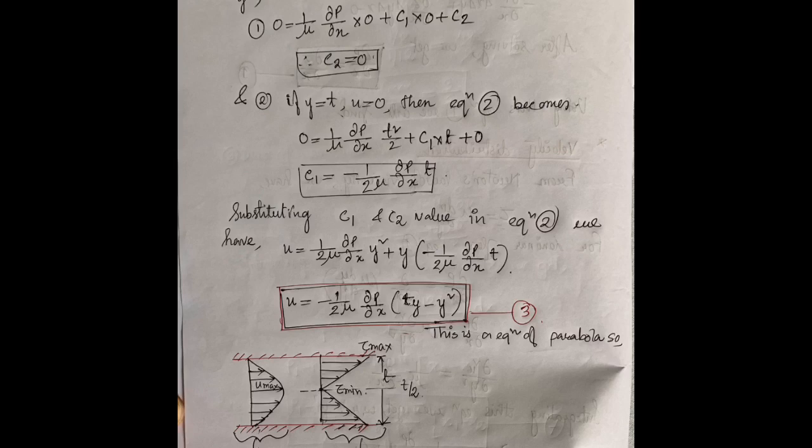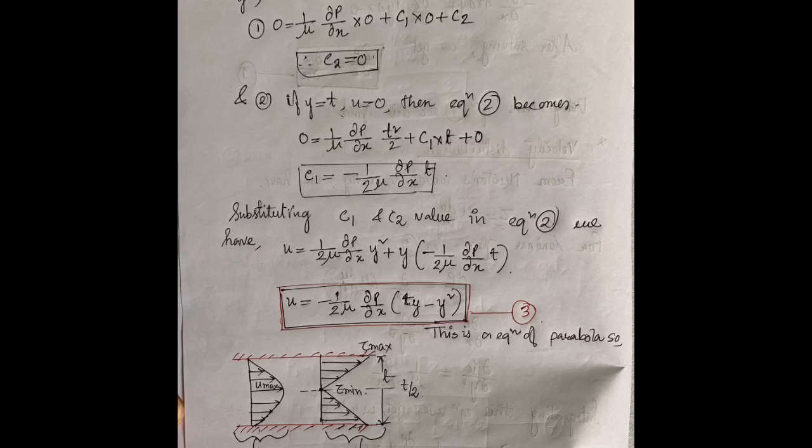Can you see it in the figure? The maximum velocity occurs in between the plates, that means in the middle of the plates, and is denoted by u max. And what will happen at the boundary?